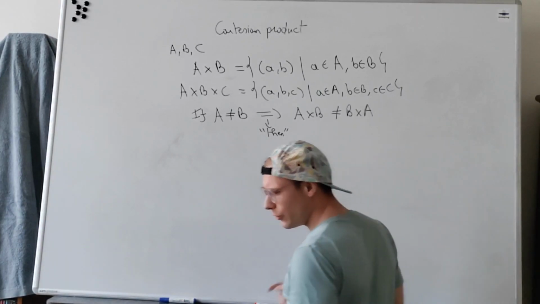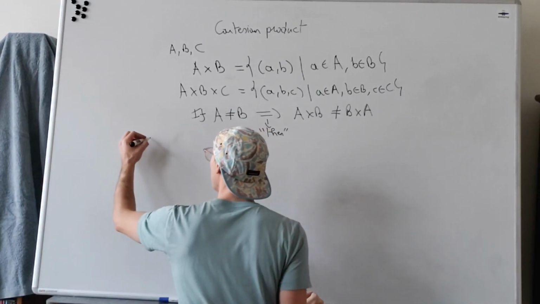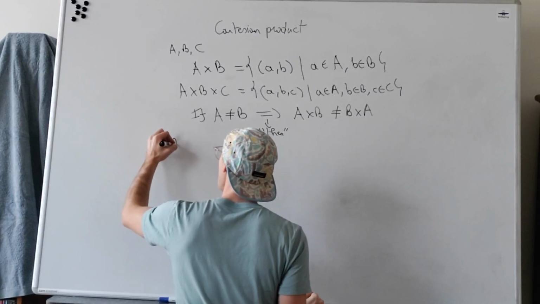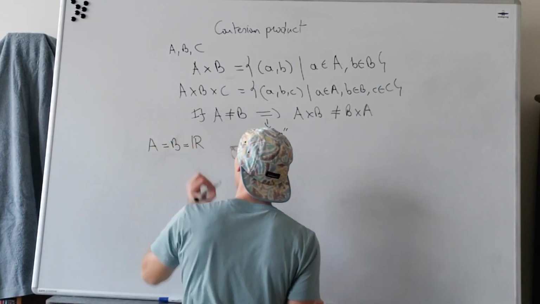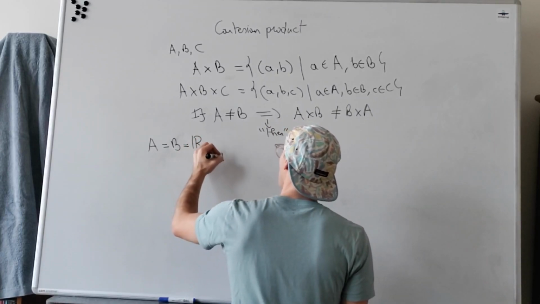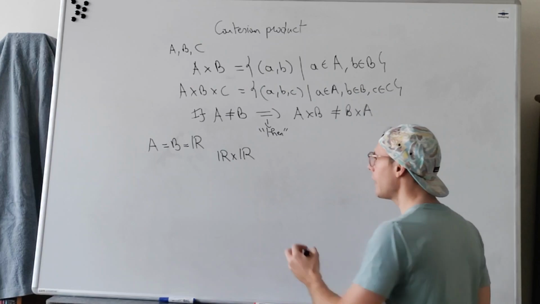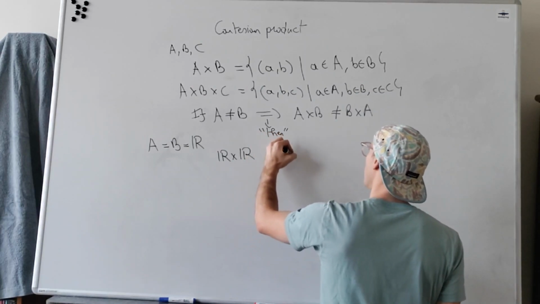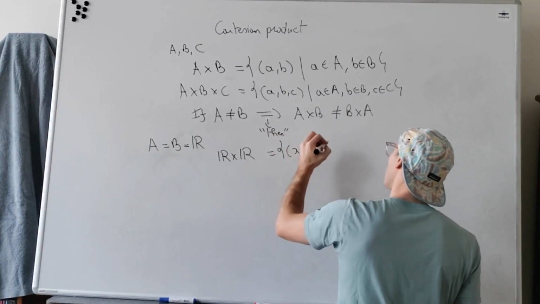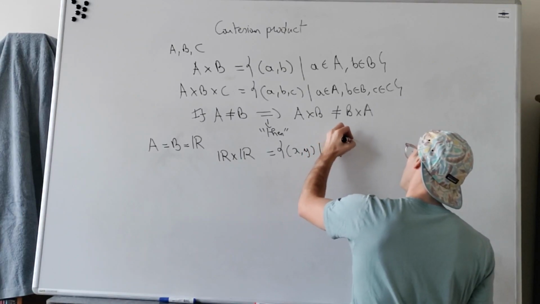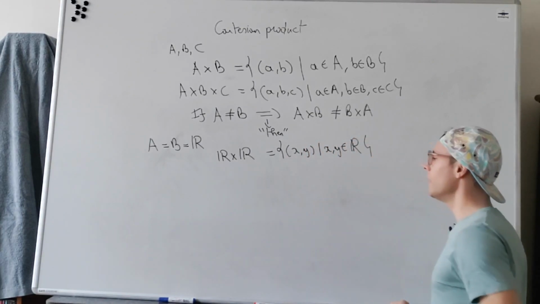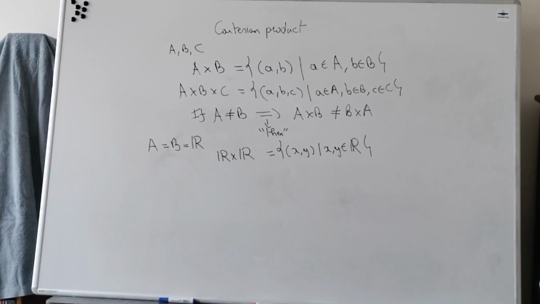Now, what we often will use in the upcoming videos is that we take A and B equal to the real numbers. So we can, for example, look at the product of R with itself. The elements, we know now, are all tuples (x, y) with x and y real numbers. Why did I give you this example?